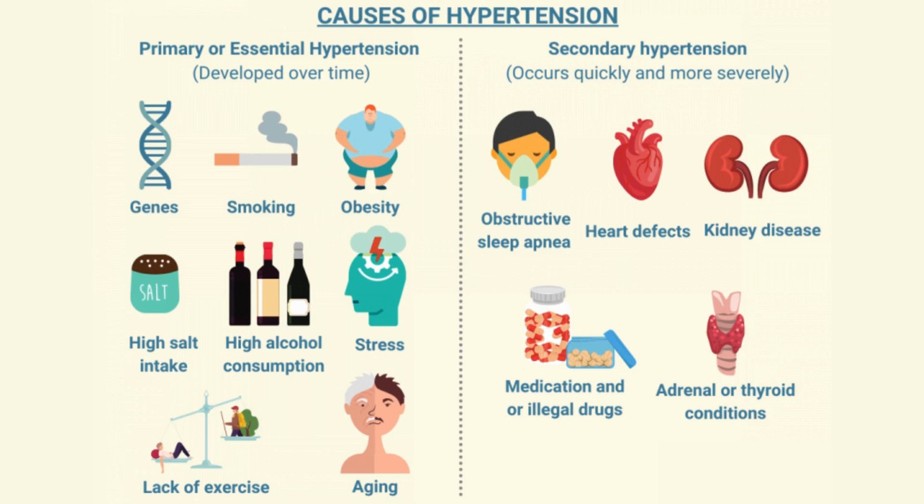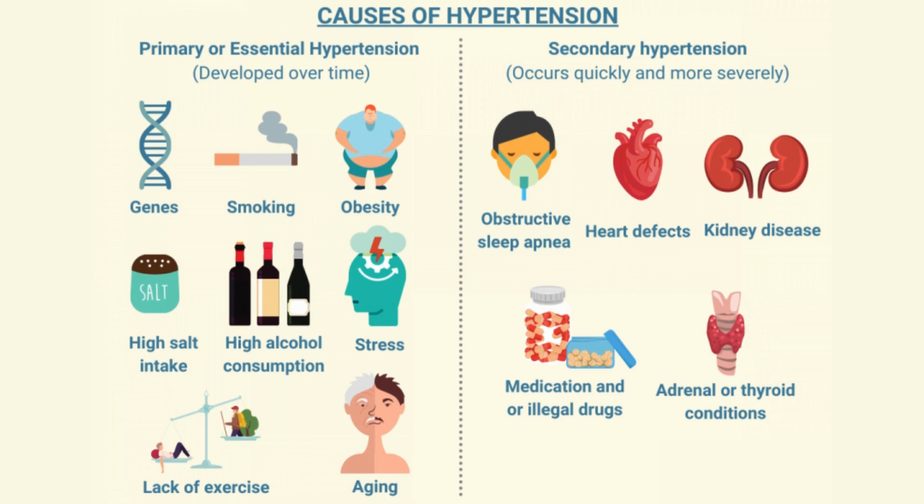Sleep apnea is a medical condition in which someone stops breathing for a short time during sleeping time. That is the meaning of sleep apnea. Next, medication, for example oral contraceptive pills. Next, non-steroidal anti-inflammatory drugs. Next, pregnancy induced hypertension. So these are some of the disease conditions increasing secondary hypertension.